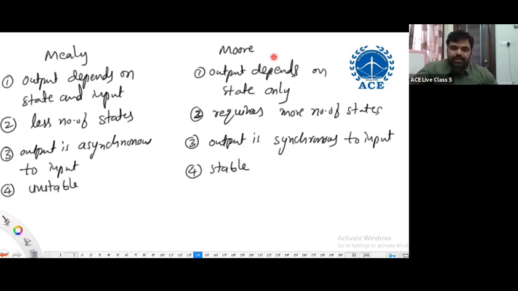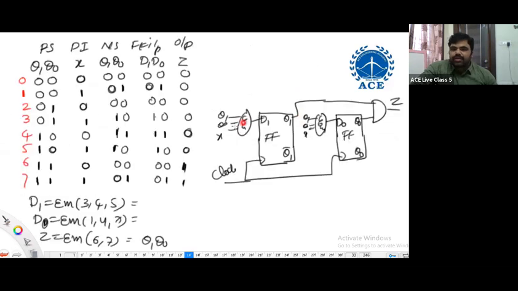The state changes only after the next clock, synchronously with the clock, and until then the output is not changing.